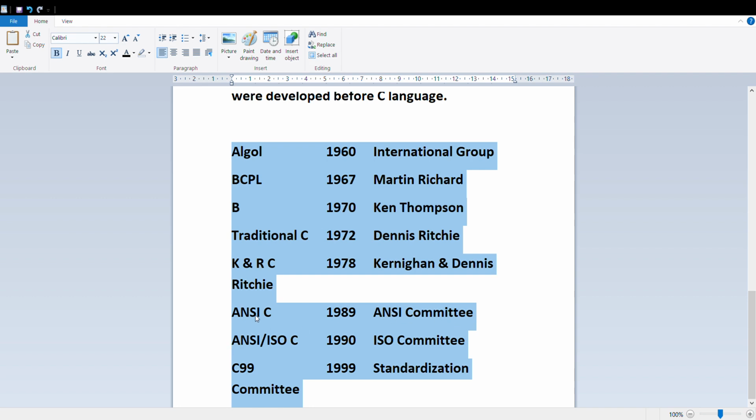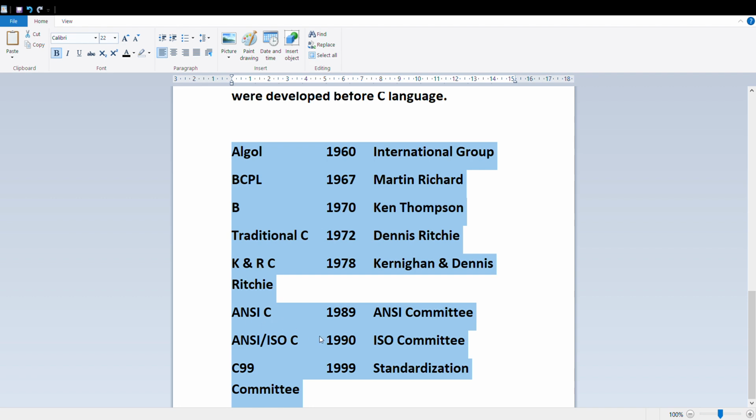ANSI full form is American National Standards Institute. ISO full form is International Organization for Standardization. You have to remember all these things. ISO: I for International, S for Standard, O for Organization. ANSI: A for American, N for National, Standards Institute.